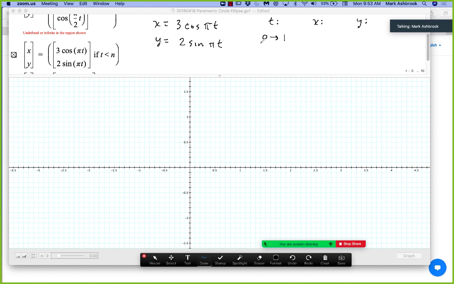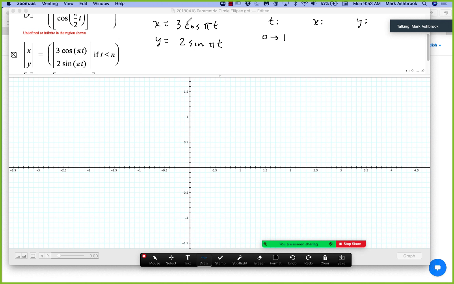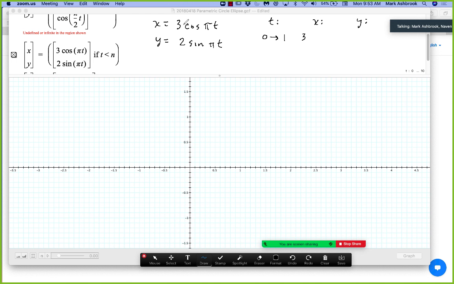So as t goes from 0 to 1, what does x do? x will start at, if we plug in 0 for t, cosine of 0, which is 1, and then times 3 is 3. When we plug in t equals 1, we get cosine of pi, which is -1, and then times 3 is -3.